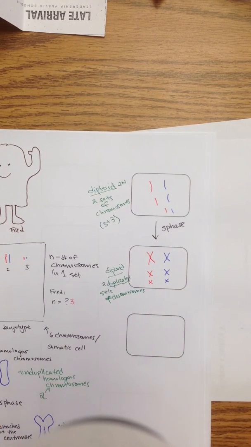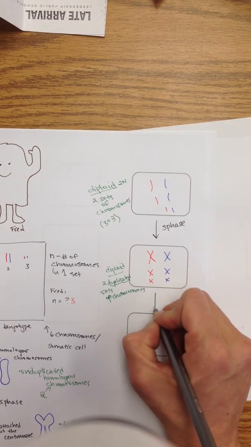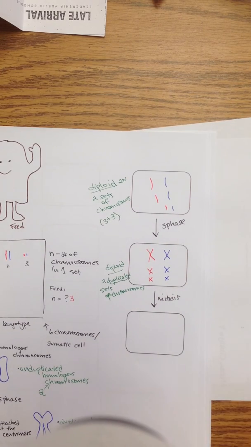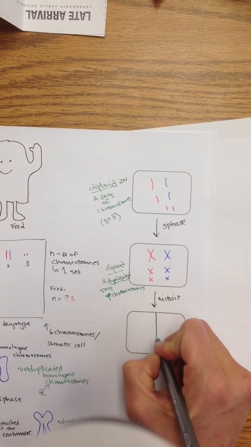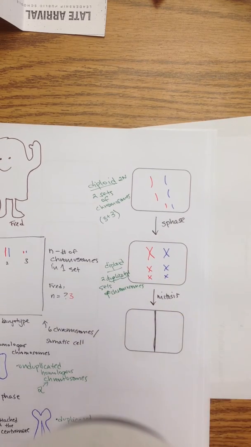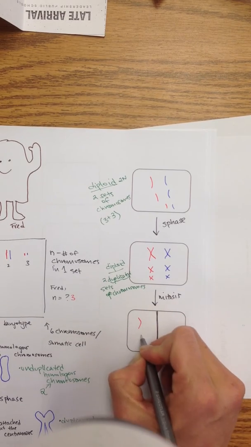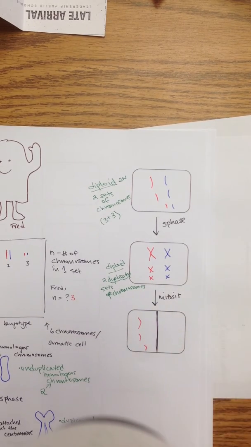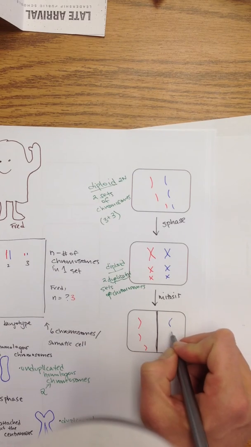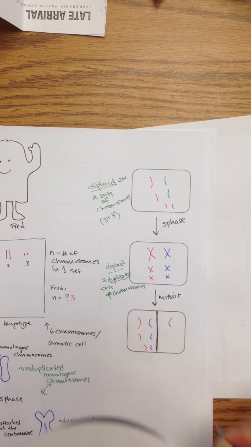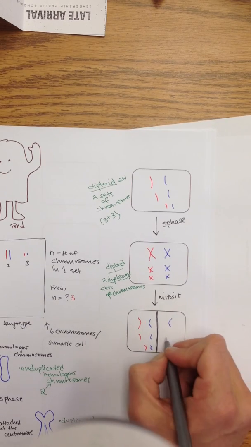And then, if he goes through mitosis, which we'll talk about in more detail, he will have, I should have drawn these in half. These will basically split, and he will have 2 identical daughter cells. Oh shoot. There we go. 1 copy will go into each cell.